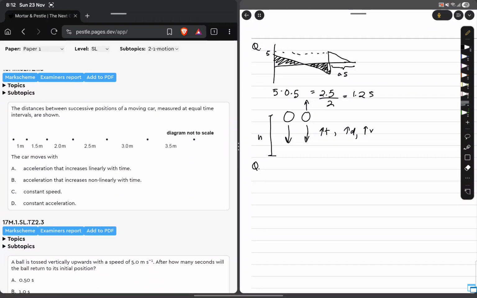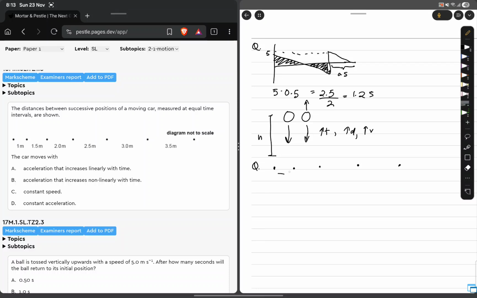For this question, the car is moving, and the dots are becoming further and further away, as you can notice. But that means that there's a constant acceleration because the velocity is increasing at a constant rate. So, if the acceleration increased, then that would still mean that velocity is increasing, but it would increase much faster.